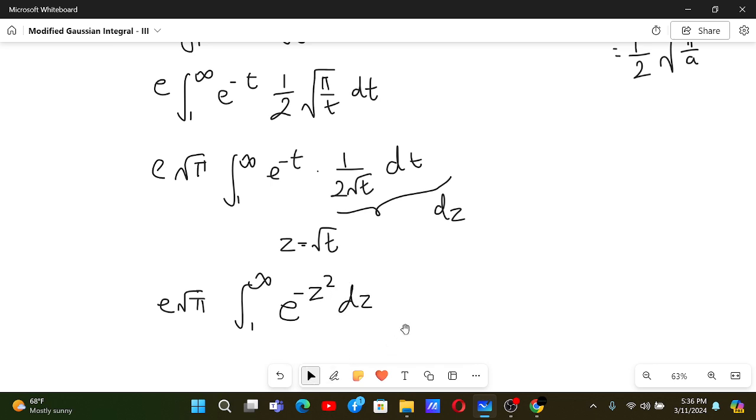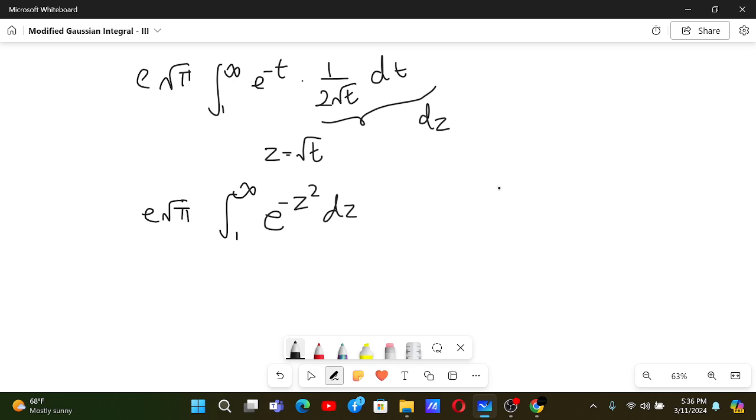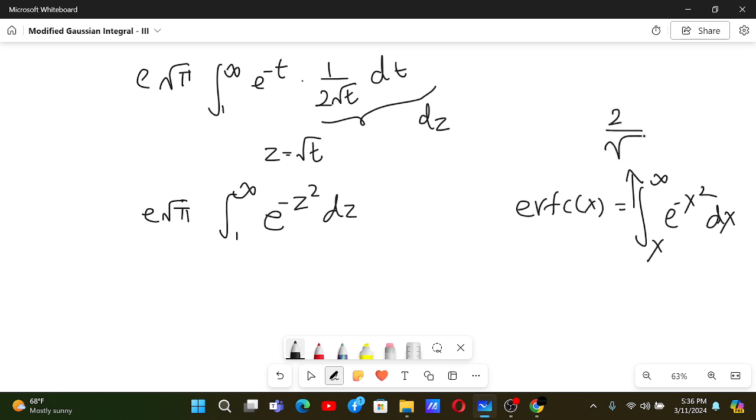Now we know that the complementary error function of x is the integral from x to infinity of e to the power minus x square dx, multiplied by 2 by root pi.